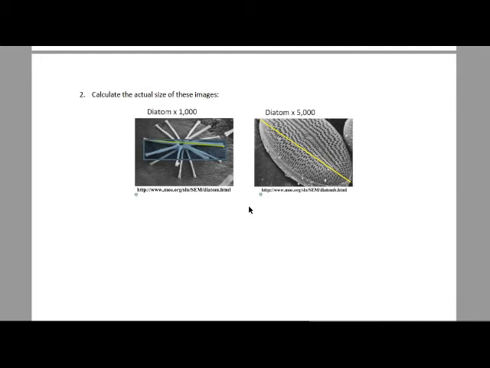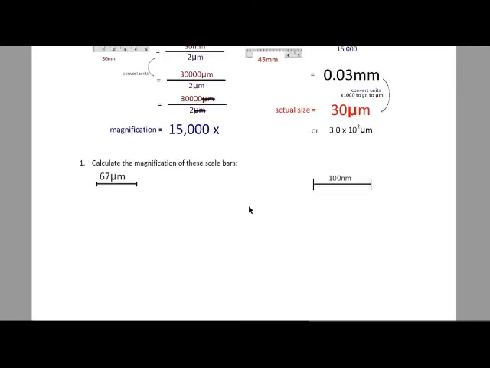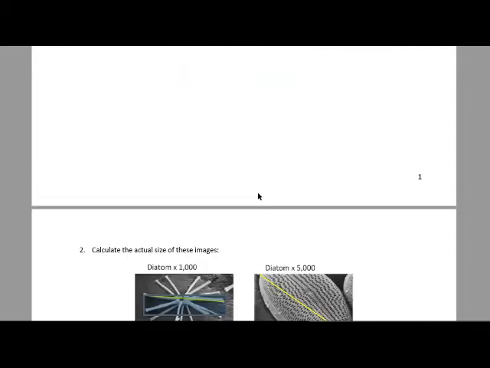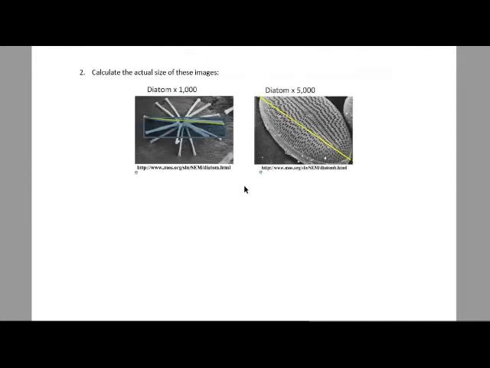So the recommendation is to use micrometers as a unit for the measurements of cells, or nanometers, like in this exercise. If, for example, we're measuring an organelle or DNA as a molecule, then since we're talking about microscopic objects, we need to use micrometers or nanometers as a unit to express their size.